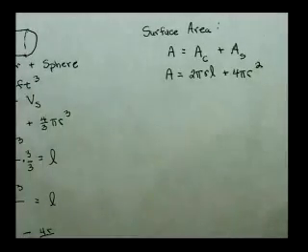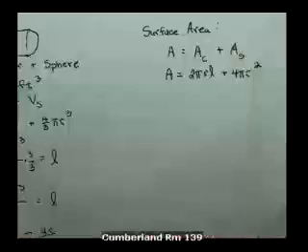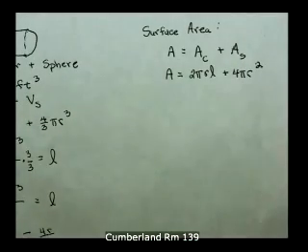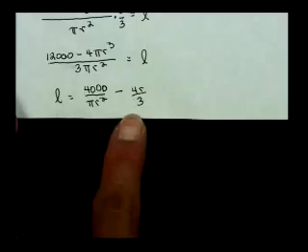What do you think we need to do now that we have a formula for surface area of a sphere? Plug in the information for L. I think so. I think we need to get that in terms of only one independent variable. We need to either get rid of the R or the L. Maybe that's why we solved for L right here.